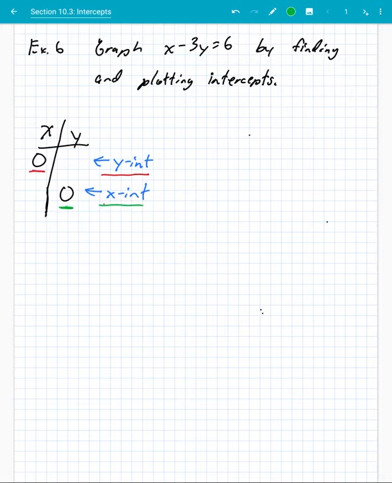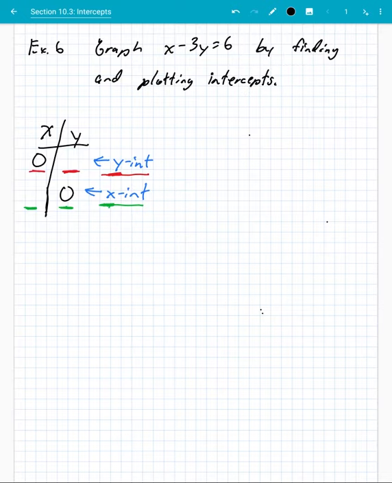The way I think about it is, if I'm trying to find an x-intercept, that means I want to find some x value. If I'm trying to find a y-intercept, I'm trying to find some y value. So for a y-intercept, you're going to find a y number, whereas the other one's going to be 0. For an x-intercept, you need to find whatever x is going to be, but y will be 0. So whenever you're trying to find an x-intercept, make y 0. If you're trying to find a y-intercept, you make x 0. So the one that you're not interested in finding will always be 0.